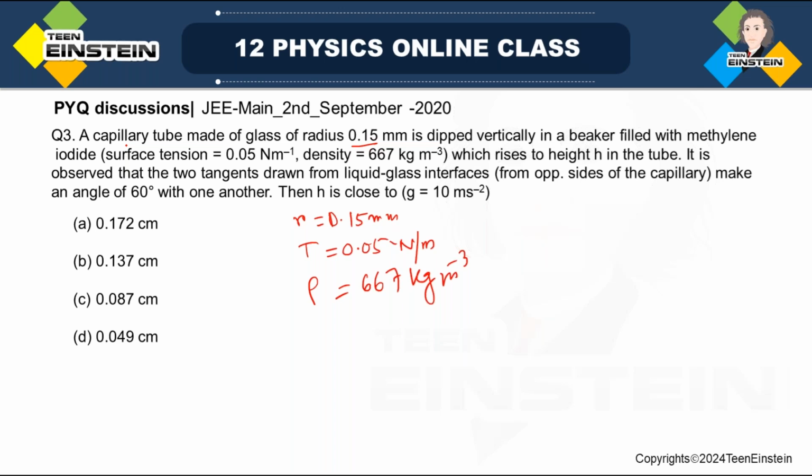It is observed that the two tangents drawn from the liquid glass interface, that is from the opposite side of the capillary, make an angle of 60 degrees with one another. Then h, the height, is closest to which of these four options.